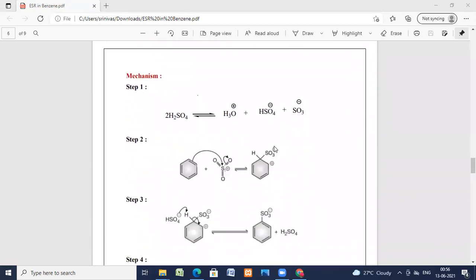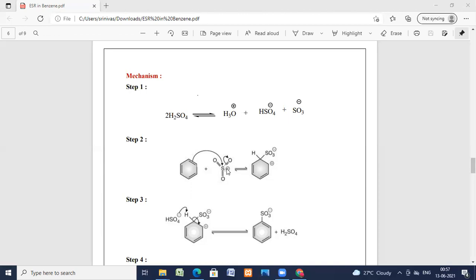We'll see the mechanism. 2H2SO4 reversibly gives H3O+, HSO4-, and SO3. In step 2, the carbocation is generated.